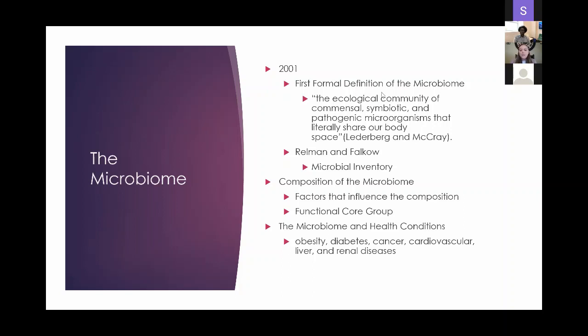The composition of the microbiome is different in all different parts of the body. The gut is where most of the bacteria can be found, and is where most of my focus on the microbiome is. The factors that influence the composition start with birth, and even the mode of delivery is really important in building the composition of the microbiome.